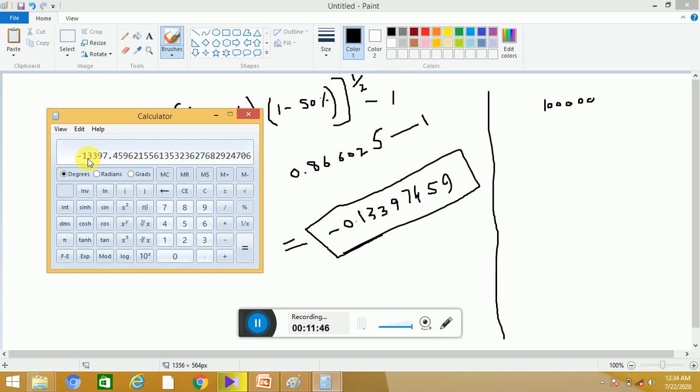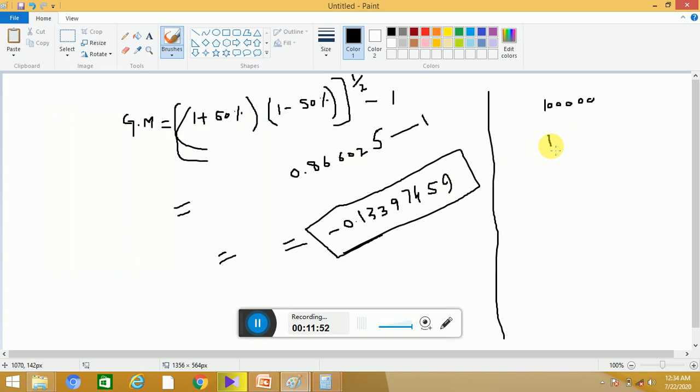So there is a loss of 13,397 in the first year on 1 lakh.